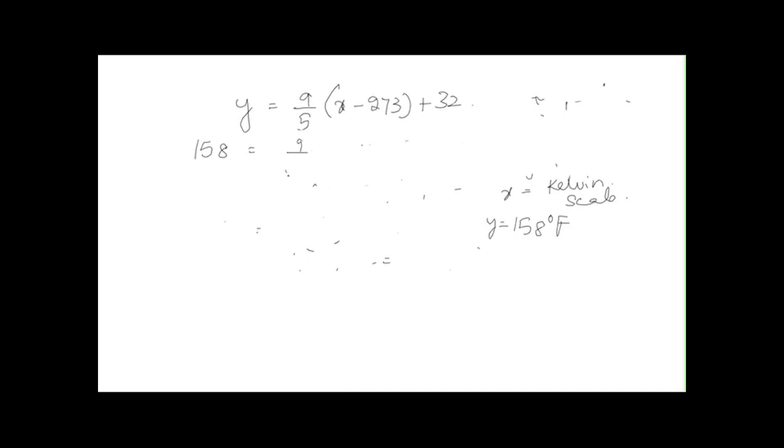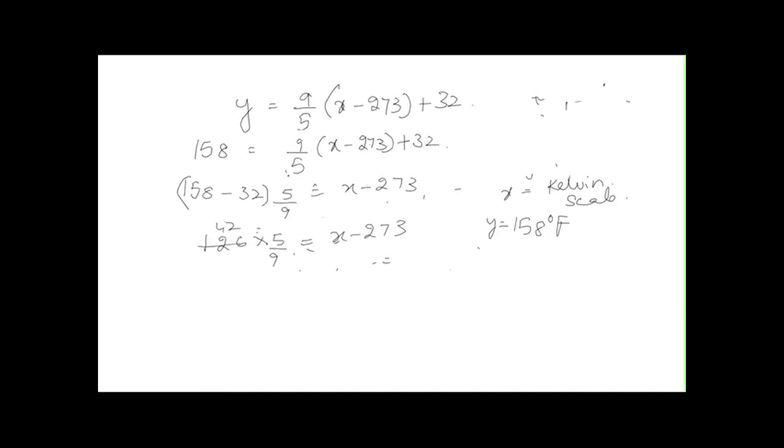158 equal to 9 by 5 x minus 273 plus 32. So I'll take 32 here. 158 minus 32 into 5 by 9 equal to x minus 273. 158 minus 32 is 126. 126 multiplied by 5 by 9 equal to x minus 273.